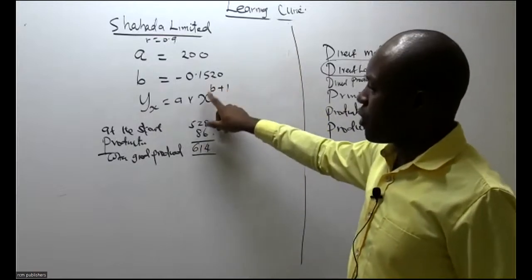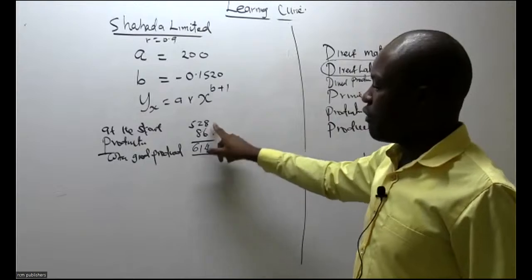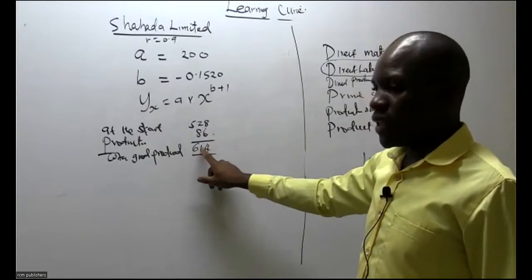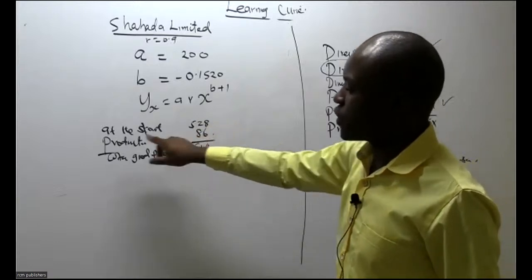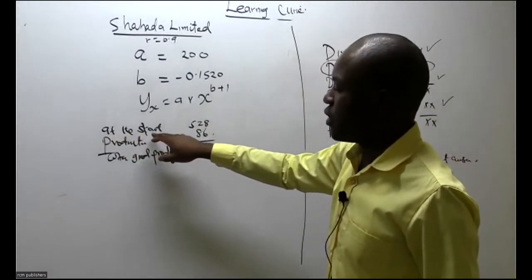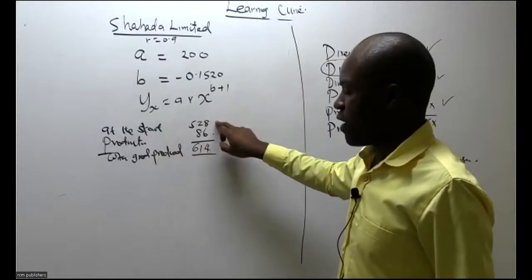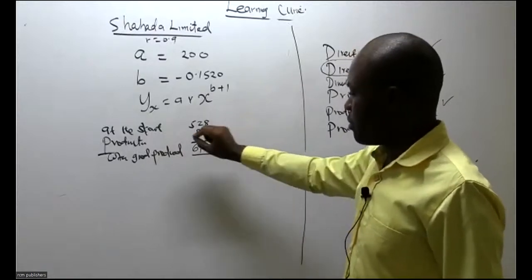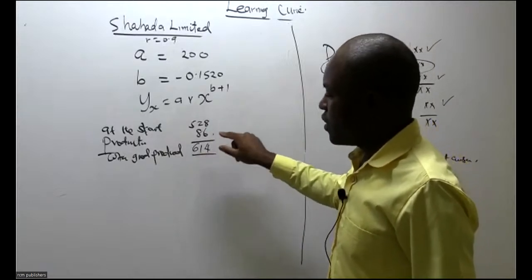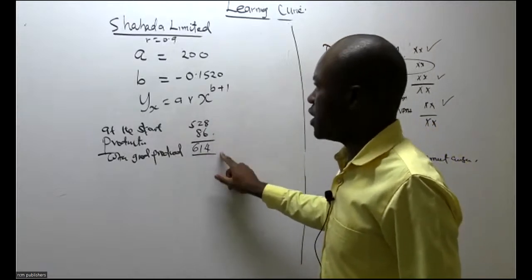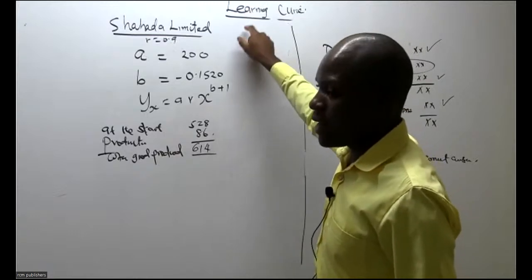So this particular product, these same people have managed to produce a total of 614 units. This 528 was produced at the start. During that same period, they produced 86. So in total, 614. And all these 614 are operating under learning effect.